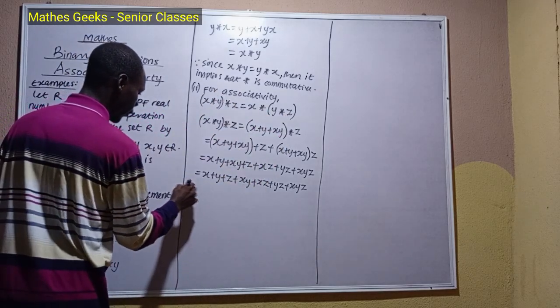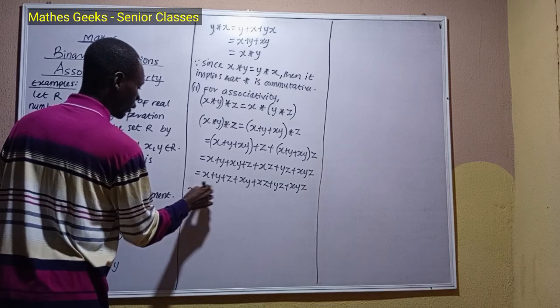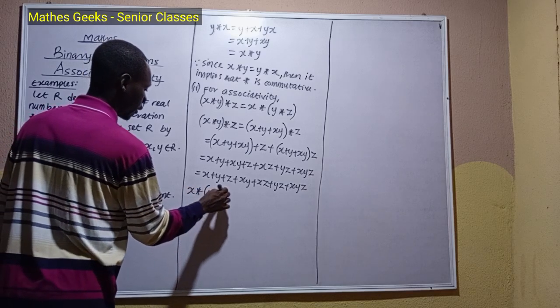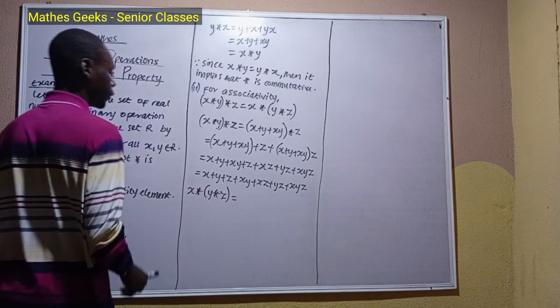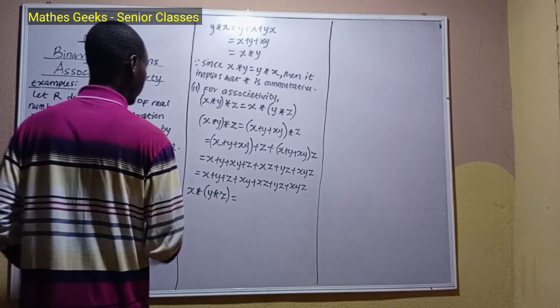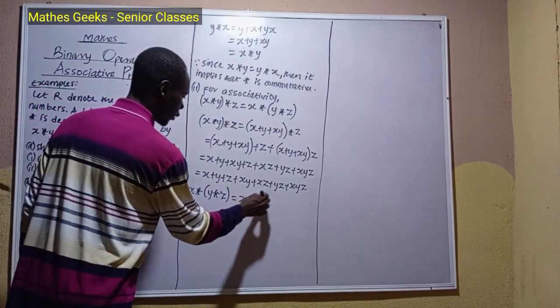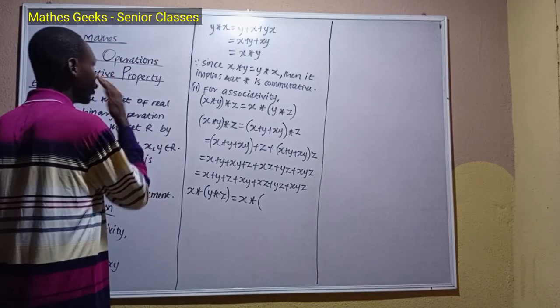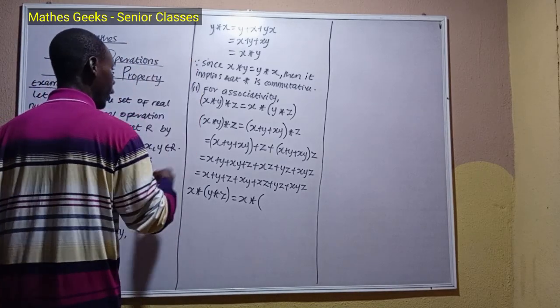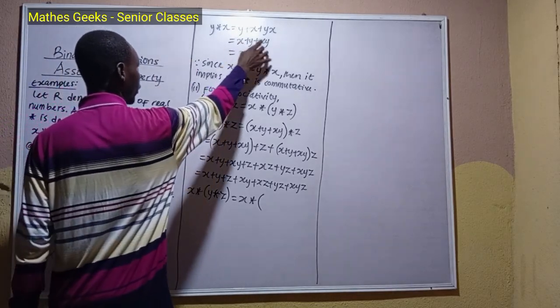So x star y star z is equal to, and for y star z, our equation is going to become x star. So in the original equation it was x star y, and x star y is x plus y plus xy.